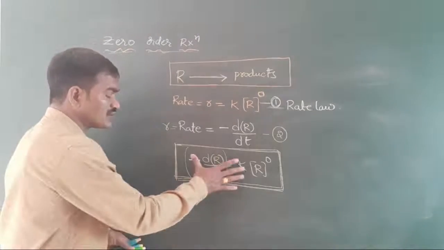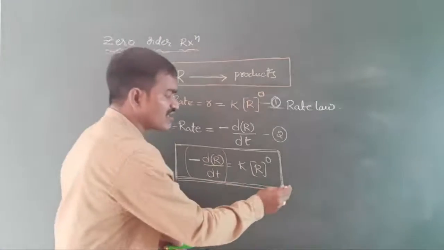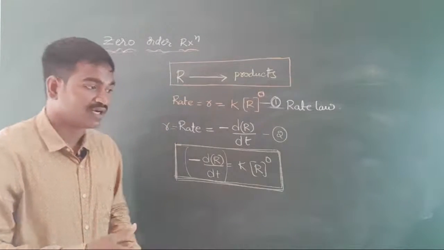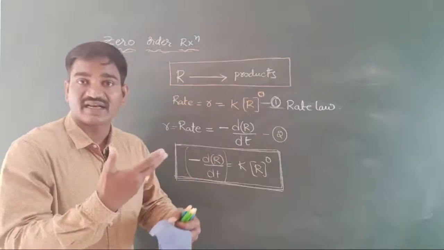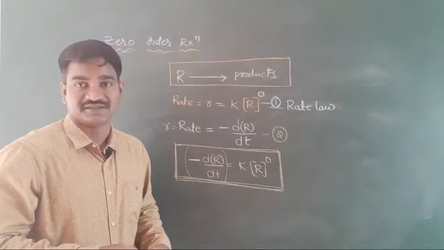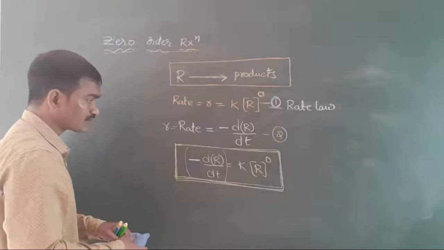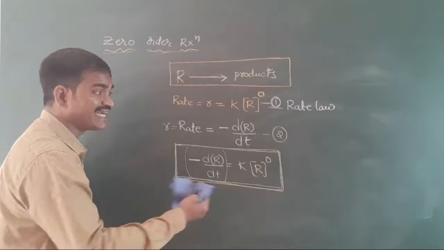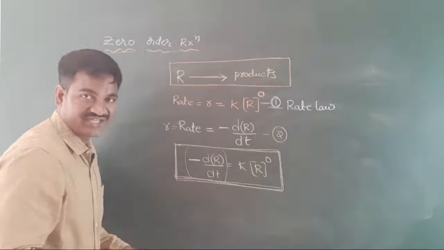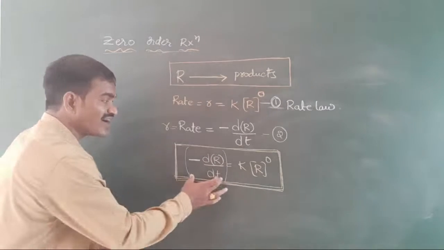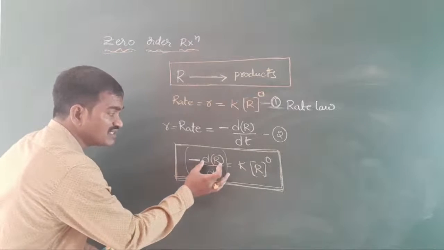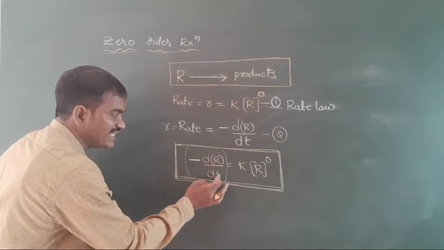Have you got it? So that's why differential rate equations are not convenient to calculate the rate law or order of the reaction. So what do we have to do here? We need to integrate this one and get integrated rate equations. In the differential rate equation, this term dR by dt is there.